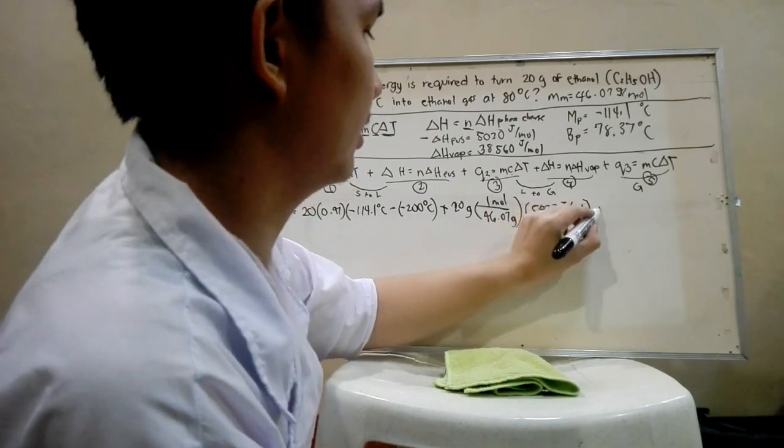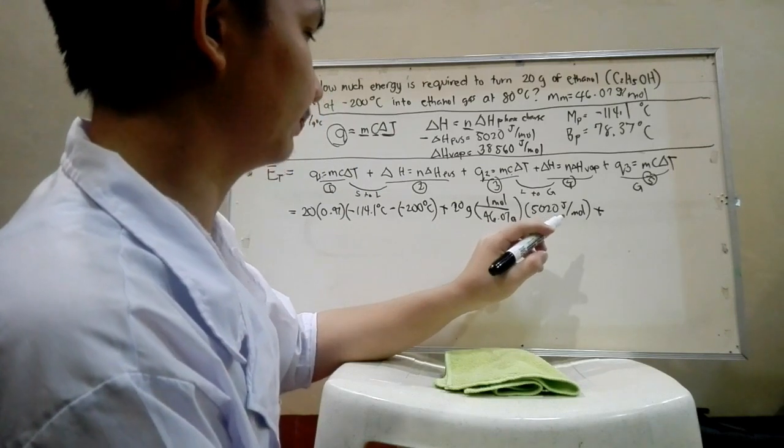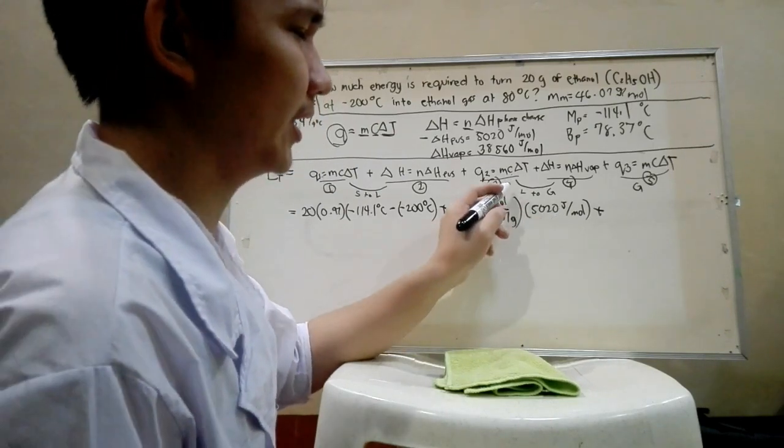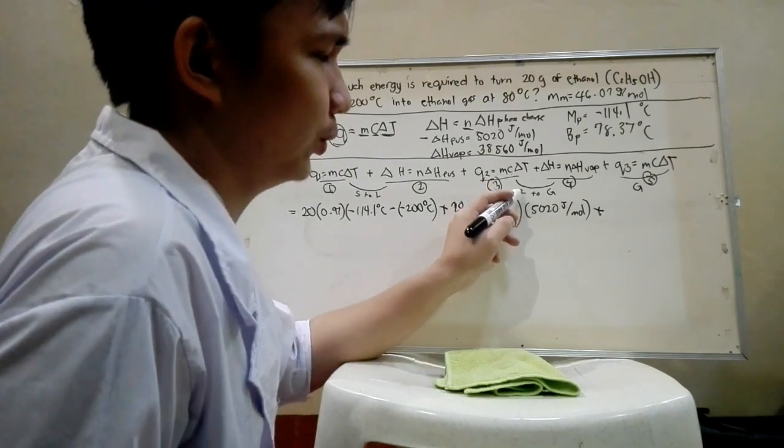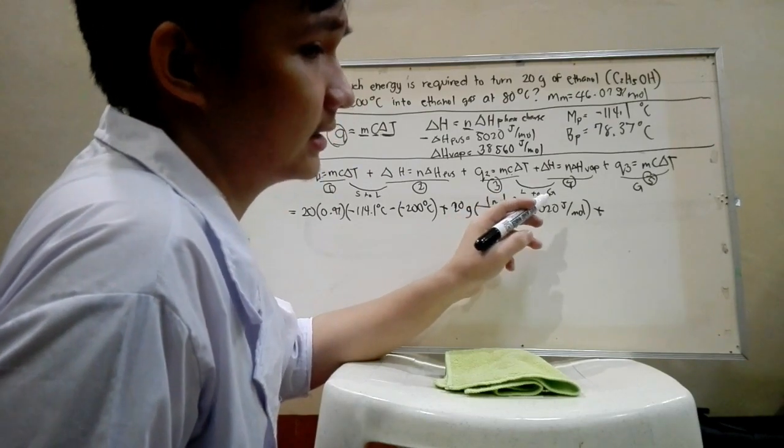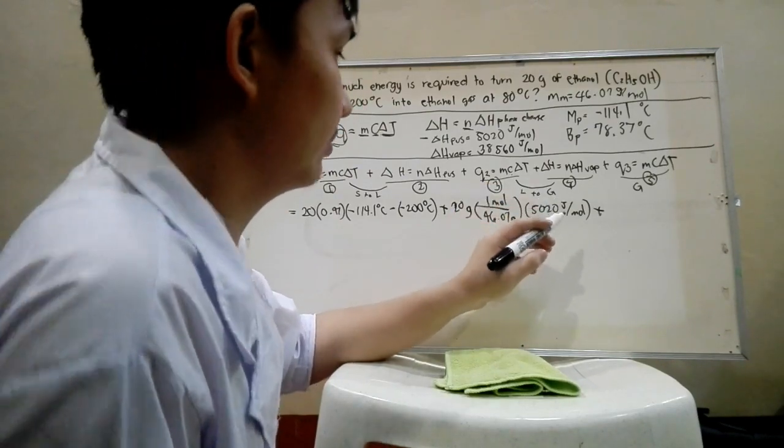Number 2 and number 3, the energy required to change the liquid form of ethanol to gas form.